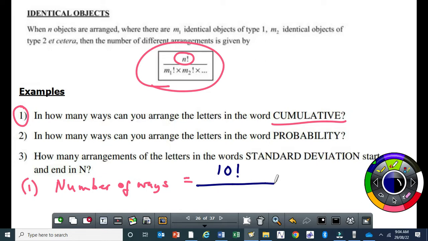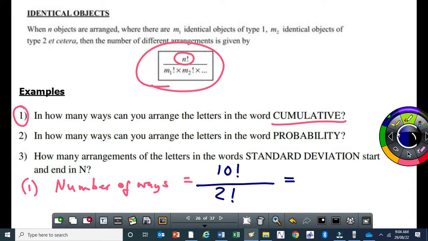We only have 2, so we divide by 2 factorial. What answer do you get? You get 1,814,400.